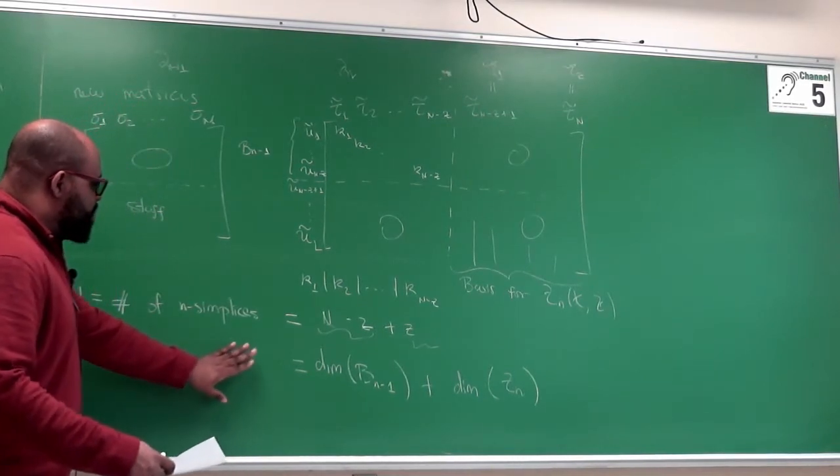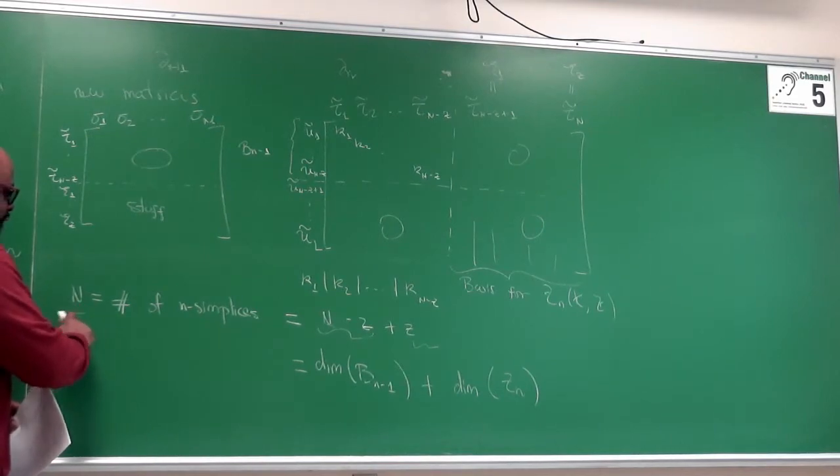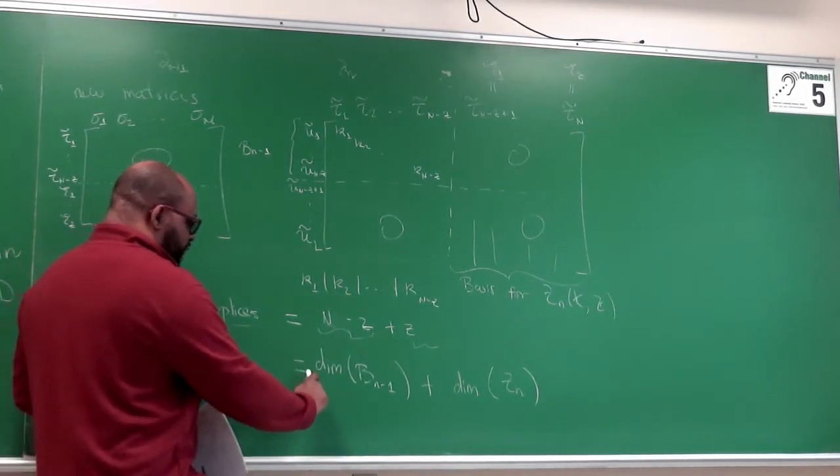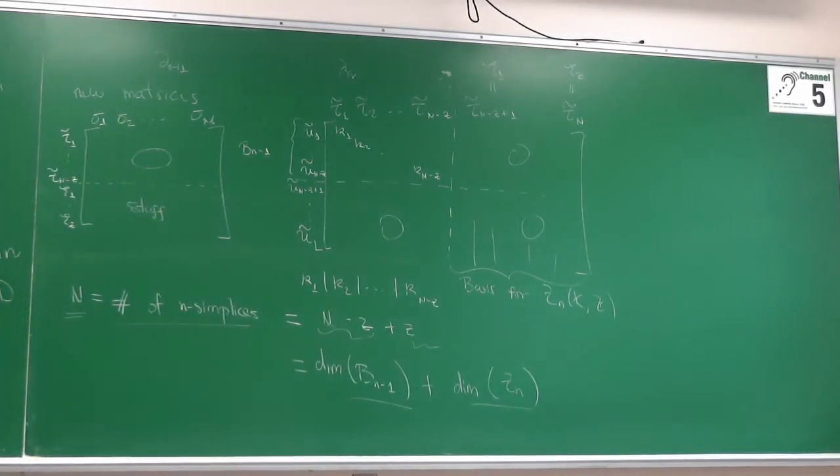So hopefully we'll be able to remember this relation between the number of n simplices, the size of the boundaries, and the size of the kernel. Let me write it here. So this is the dimension of Bn minus 1 plus the dimension of Zn. Okay?